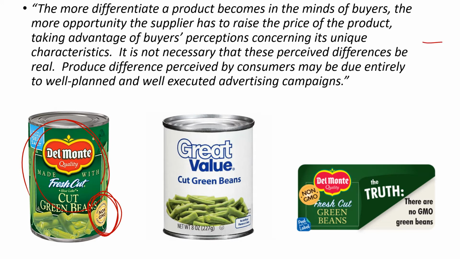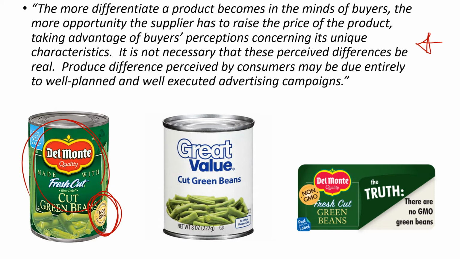So this is an interesting quote here that just basically says the more differentiated a product becomes in the mind of buyers, the more opportunity the supplier has to raise the price of the product, taking advantage of buyers' perceptions concerning its unique characteristics. It's not necessary that these perceived differences be real.